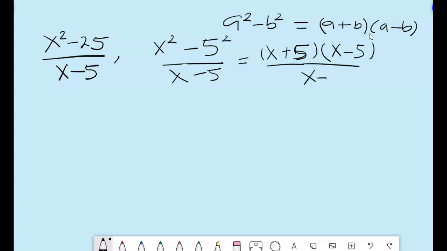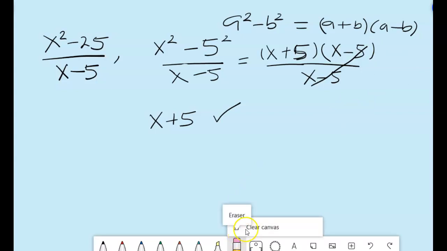And we have it here. And x minus 5 is common, so they become 1. And that leaves us with x plus 5. So whichever way you do it, you can arrive at the same answer. Let's look at another example.